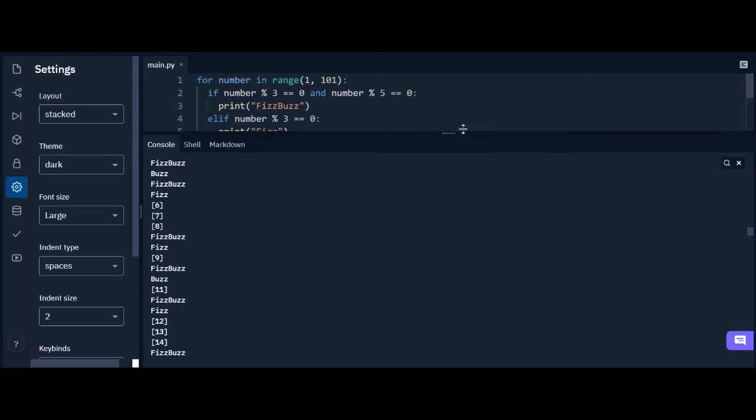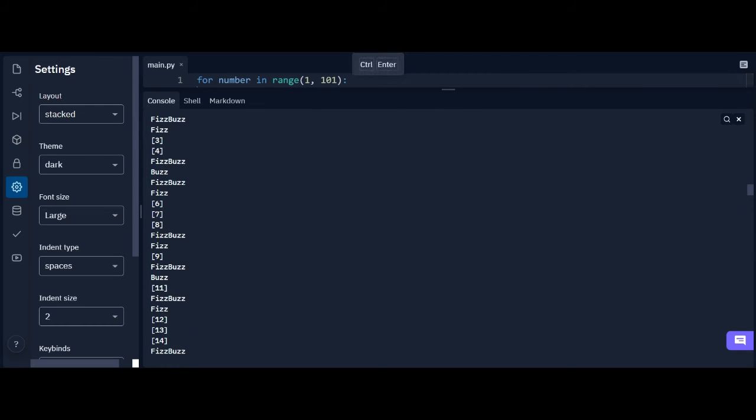Okay, so you can see from there. Okay, so you can see from 1. So it's 1.